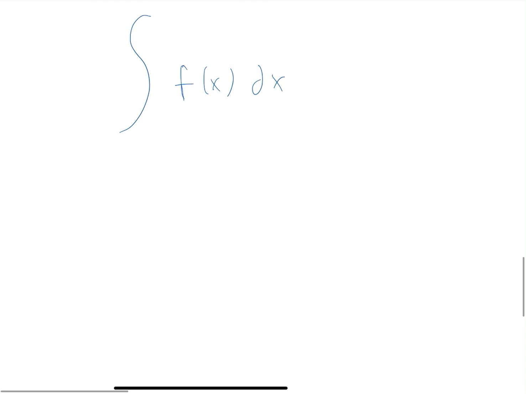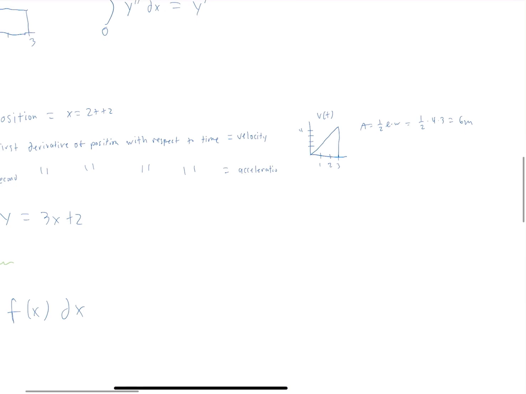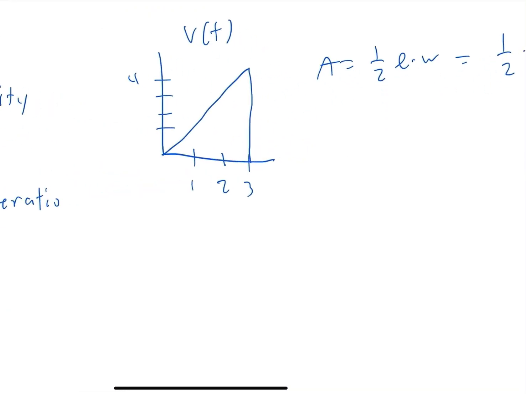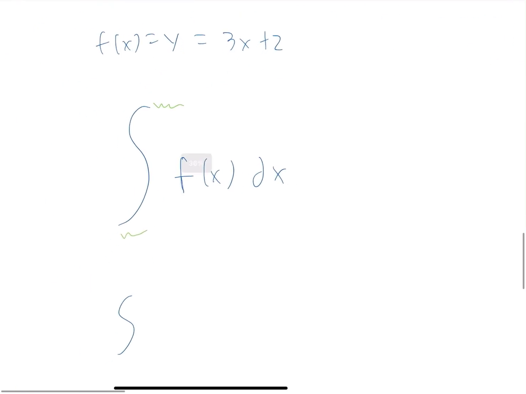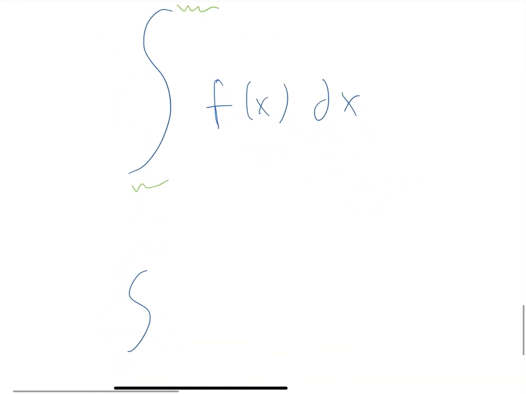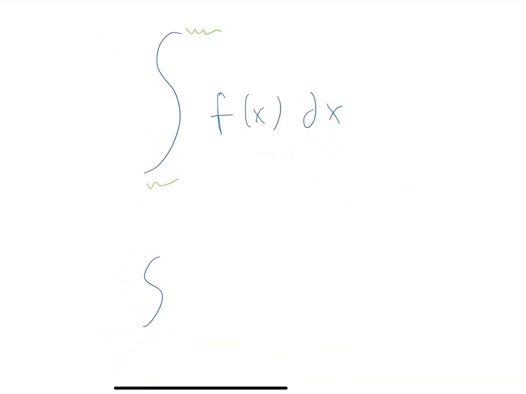If we rewrite this, we have the undefined integral. When you have an undefined integral, it means you don't have limits. Limits are where I was saying that over here, the limit would be from 0 to 3. That would be the limits that we would have plugged in for this integral. But right now, we're just looking at an undefined integral, which does not have these limits.